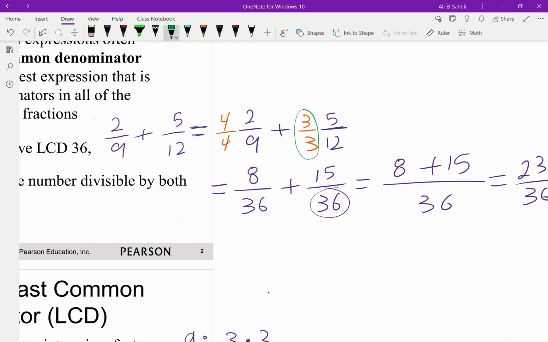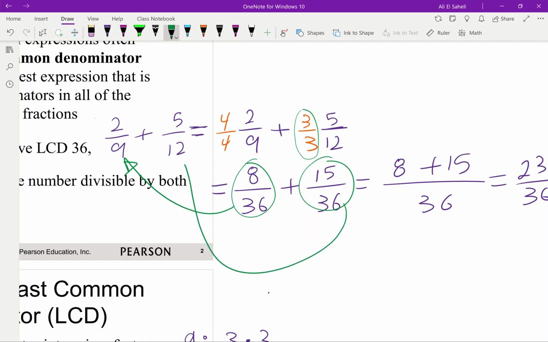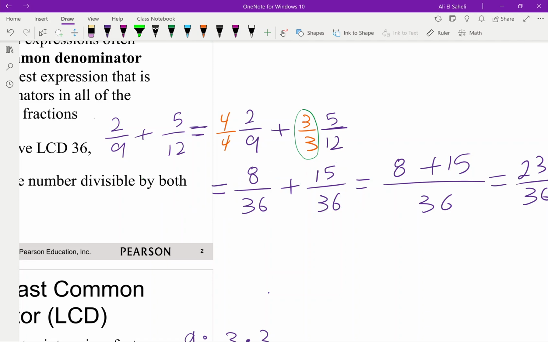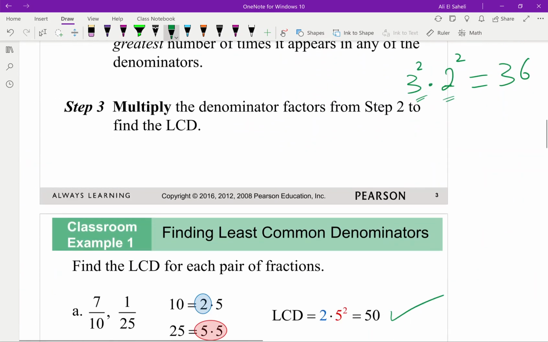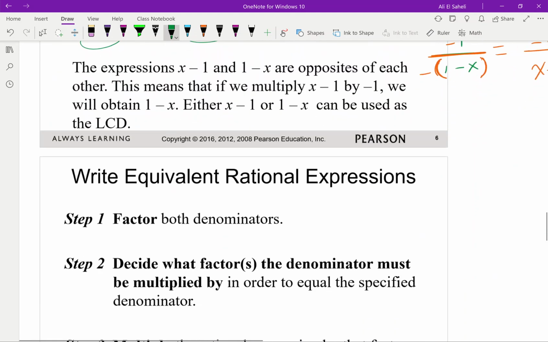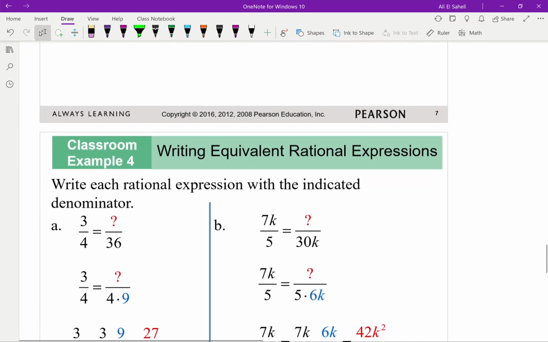You have to multiply both numerator and denominator by 3, so in reality you would be multiplying by 1, and hence you are not changing the expression you started with. So this will give us 36. Now this is equivalent to this and this is equivalent to this, but now both of them have the same denominator and it's easy to add them. We'll be doing exactly the same thing over here for numbers and for expressions.